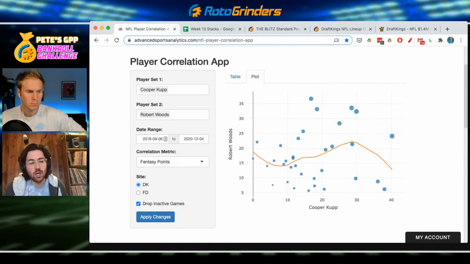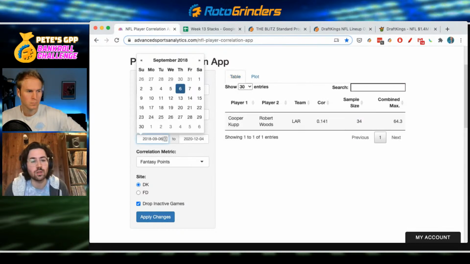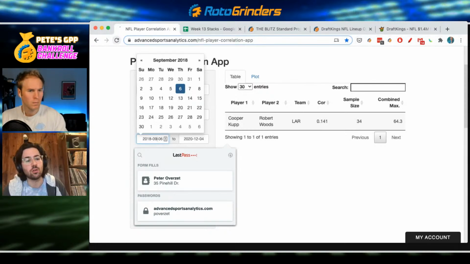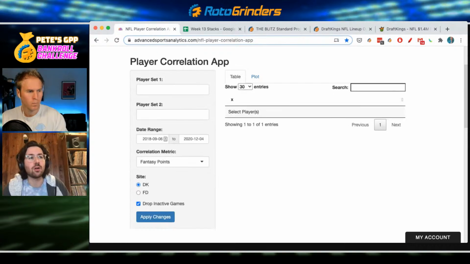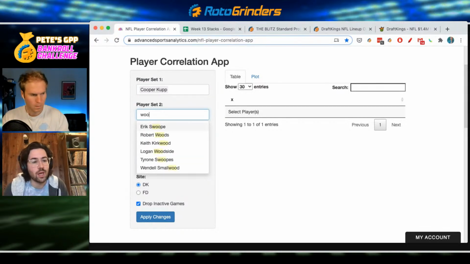My hypothesis is that game script can tend to produce correlative outcomes. The Rams, when they're ahead, are super run heavy. So even outcomes that don't include any of Kupp or Woods, when Aaron Donald gets a strip sack return for a touchdown, Kupp and Woods don't score any points on that. However, that outcome adversely affects them in the same way, in a correlative way.